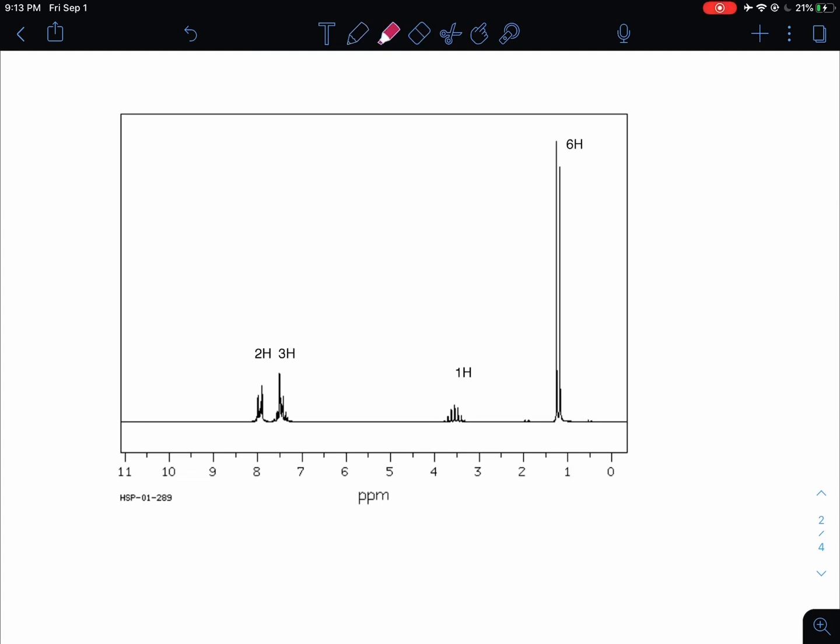We can first look at this one. There will be 2 hydrogens. To look at these 2 hydrogen groups, we can see that there are 2 spikes, which means it's a doublet, which means the neighboring carbon to the hydrogens will have 1 hydrogen.